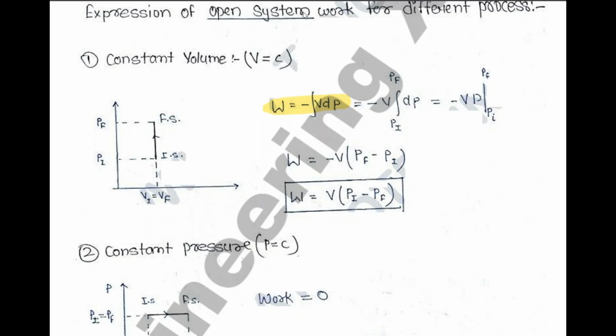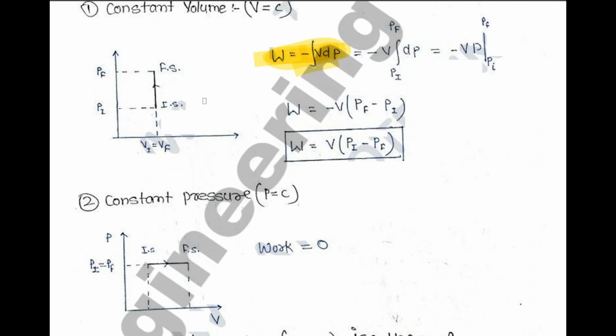So for that we make the volume constant, and just the pressure term varies. The work done here is minus VdP, and the negative sign is there because the pressure should decrease to have positive work. If it is increased, the integral of VdP will be positive, but the work will be negative. Therefore, the negative sign is there.